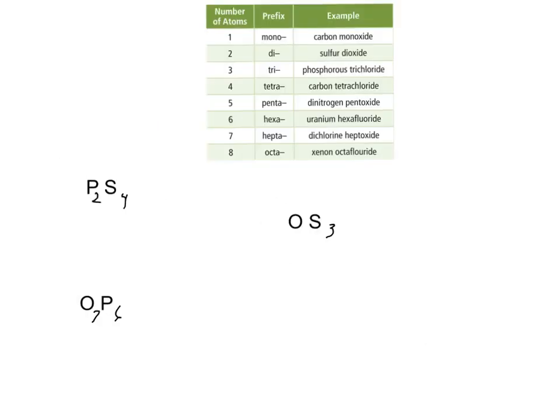Okay, so here we go with the molecular compounds. That's kind of different, but it's kind of the same thing, except the opposite. We basically look at the little numbers down here with the letters, and then we just write them out.